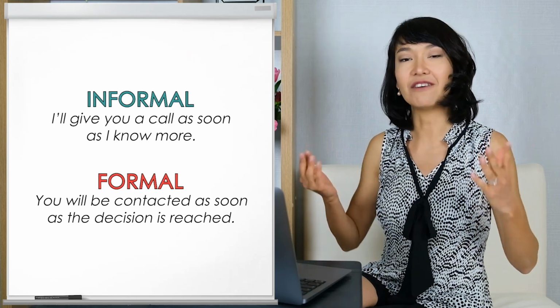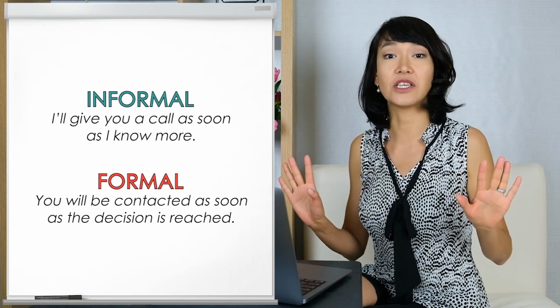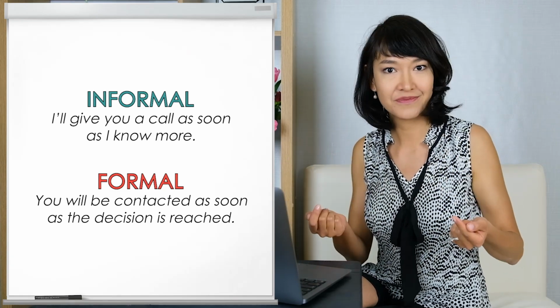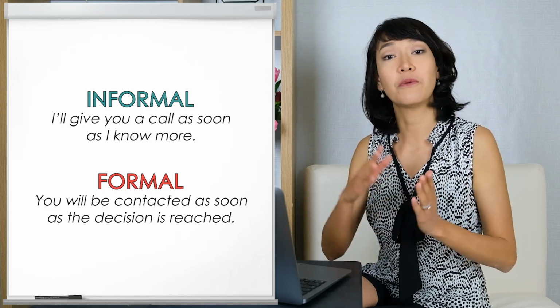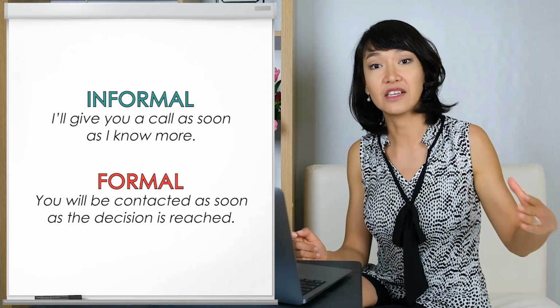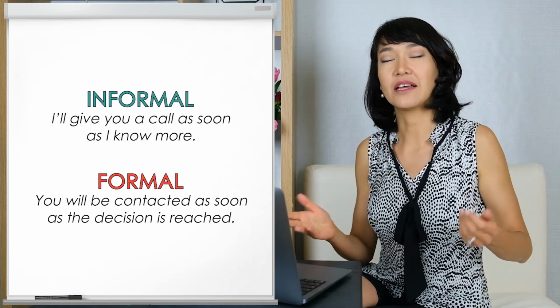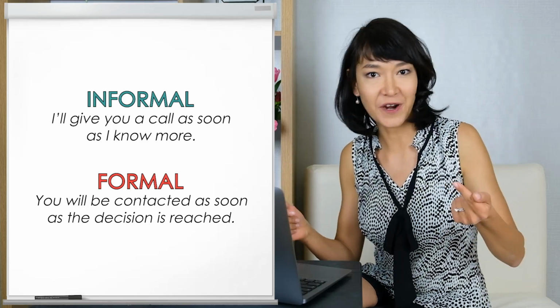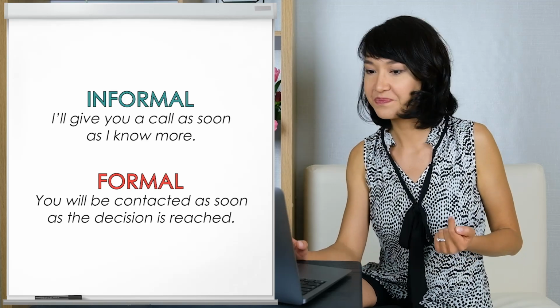Can you hear how it distances you from this sentence? You will be contacted, not I'll call you. You'll be contacted. That's very formal. So use more passive voice in formal letters and use active voice in informal letters. If you say something like you will be contacted to your friend, that will be an incorrect, inappropriate style.